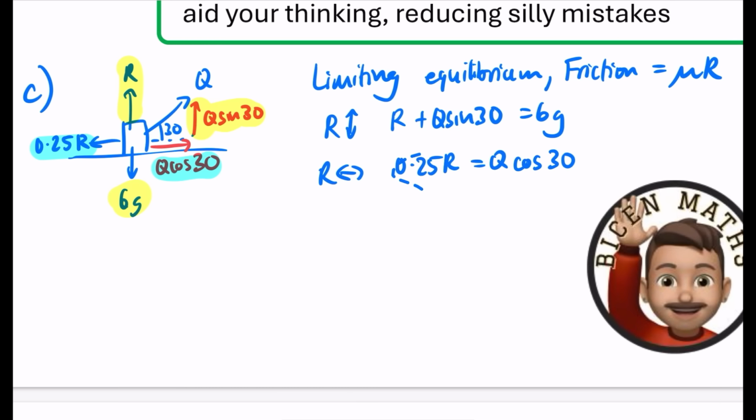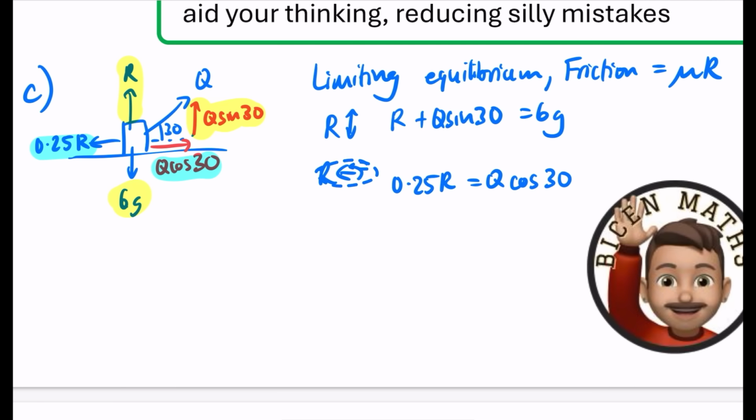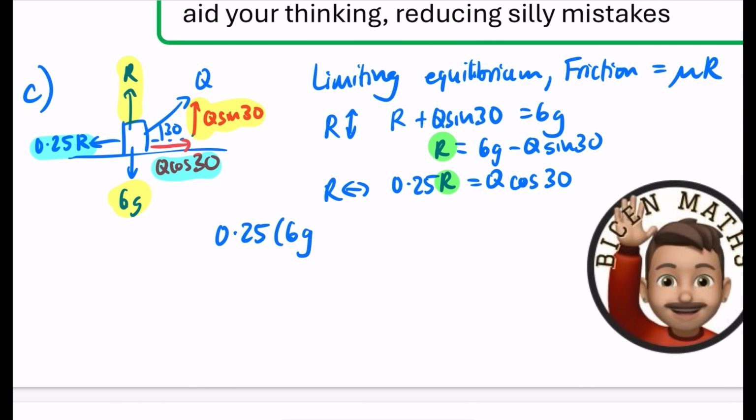Okay, I think probably the best way to solve this is just to make R the subject of this top one and then substitute in. So R is 6g minus Q sine 30, and I will substitute that R in here. And then maybe I'll have fitted it all on one page. So 0.25 times 6g minus Q sine 30 equals Q cos 30.